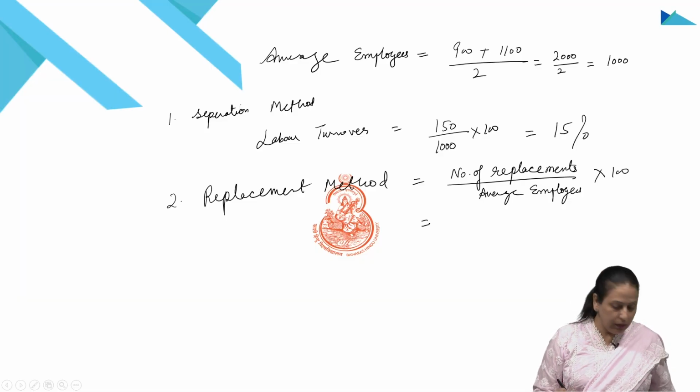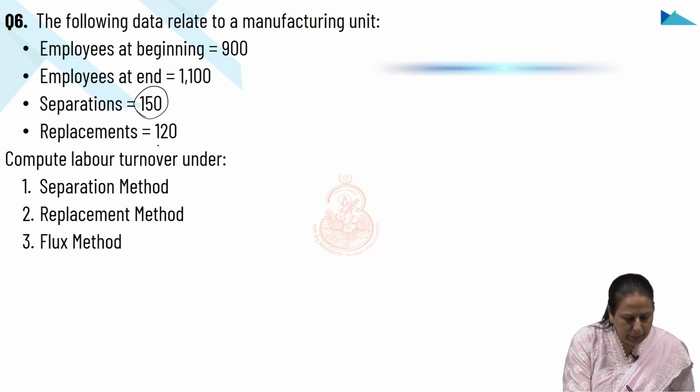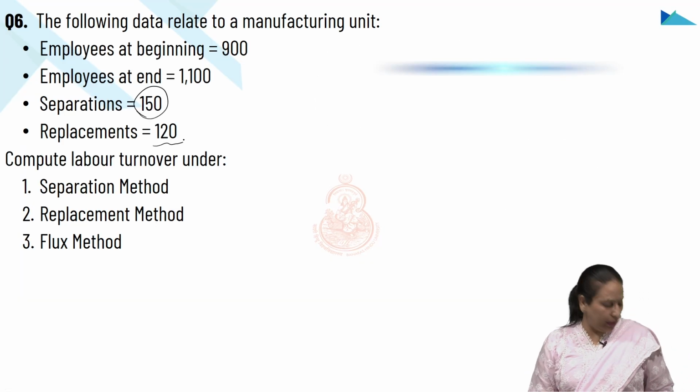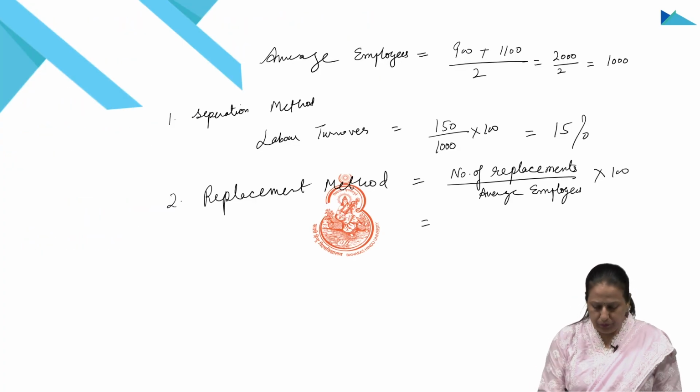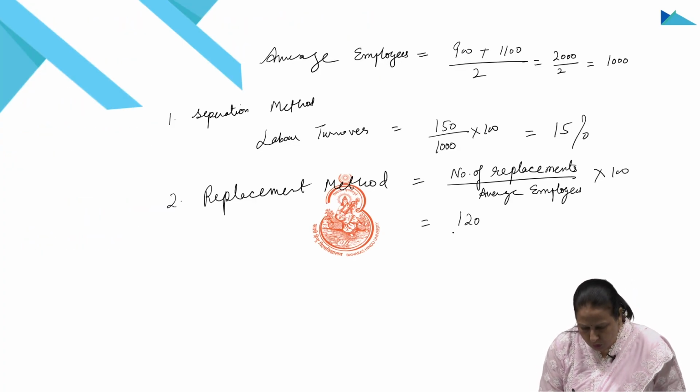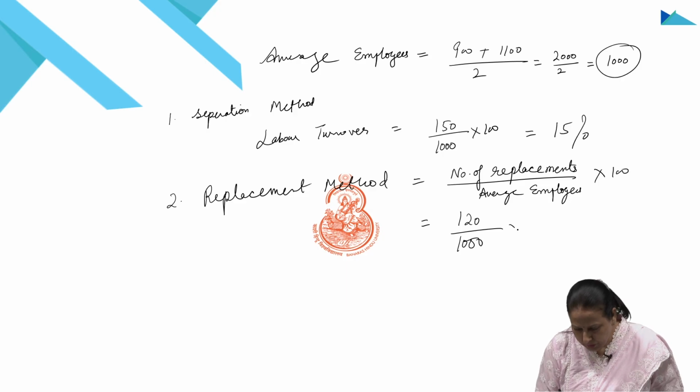As you can see in the question, the replacements during the year is 120. So, the average we have already computed is 1000, into 100, it comes to 12%.